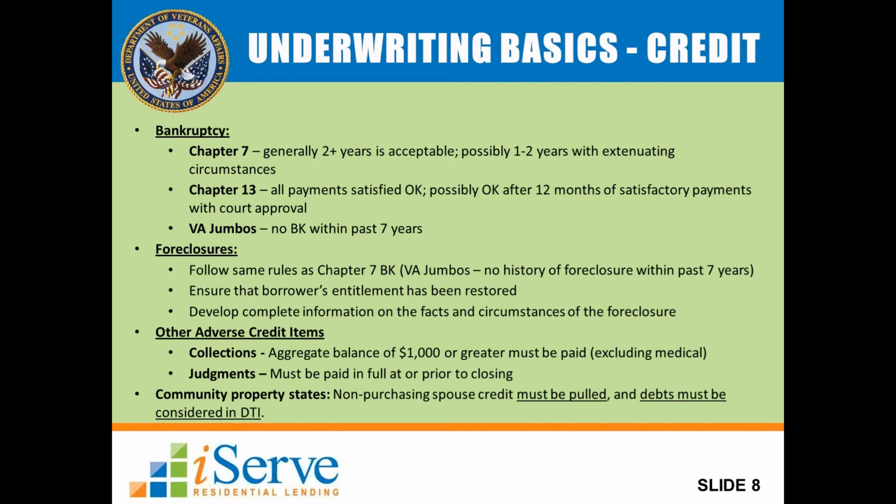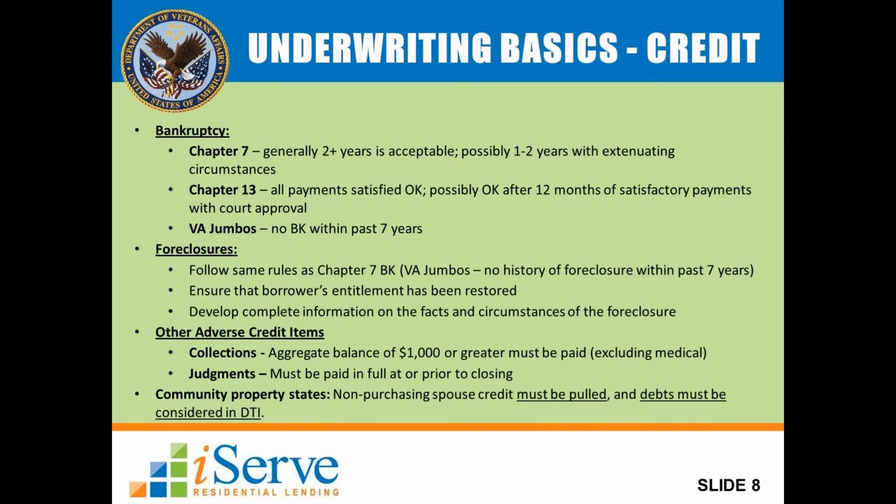VA will actually allow, under extenuating circumstances, let's say death of a major wage earner, for example, between 1 and 2 years off the BK. That is a very rare exception. Anything less than 1 year, there's no chance. The Chapter 13 BK, like FHA guidelines, as long as they have satisfied their Chapter 13, they're okay to do the loan.